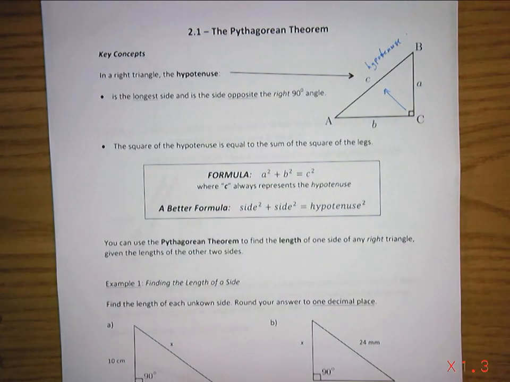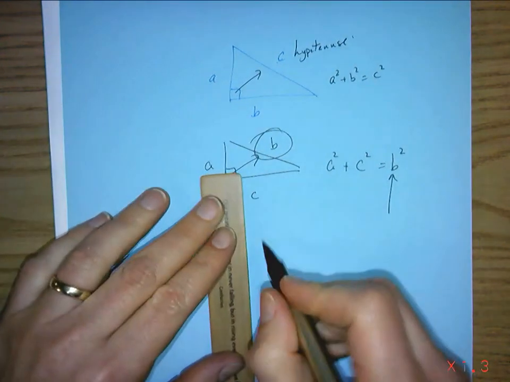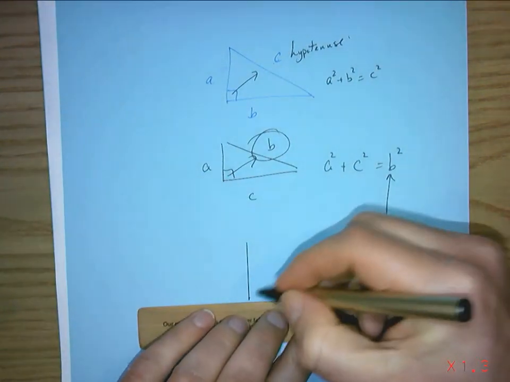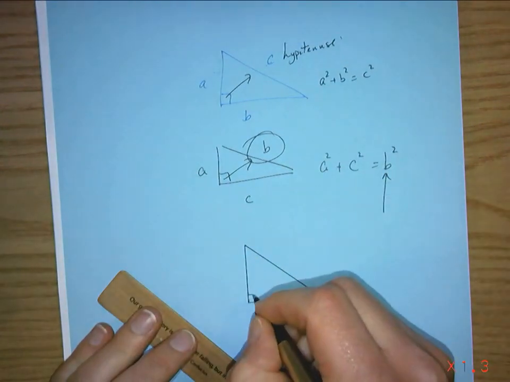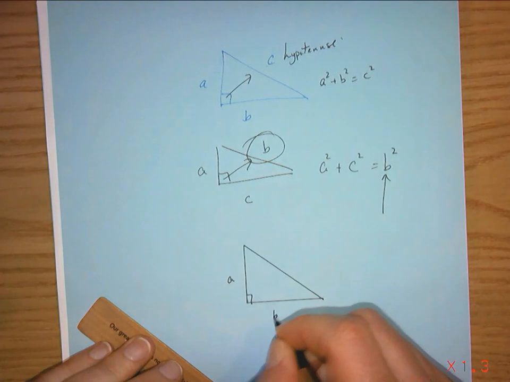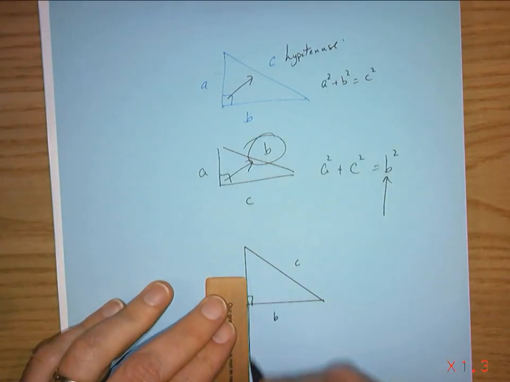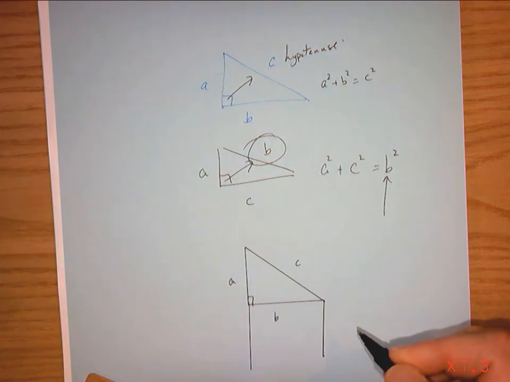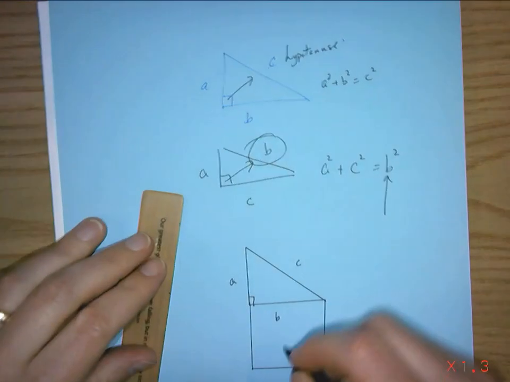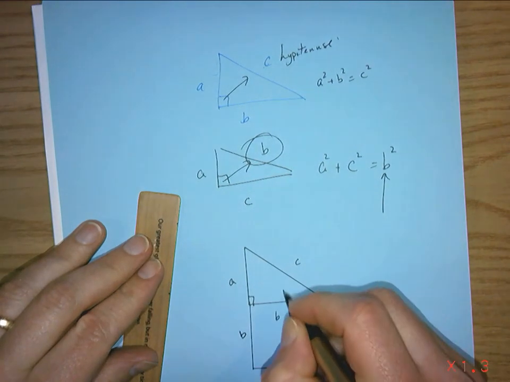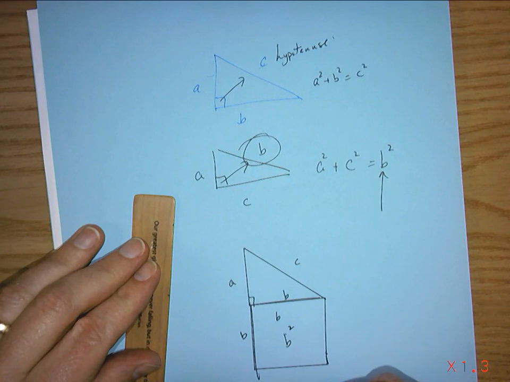Something else I'd like you to know about the Pythagorean theorem is that it really wasn't discovered and talked about in terms of lengths when they first came about it. If I look at this as side A and this is side B and this is side C, the way Pythagoras really looked at this was he made a square on the one leg, and this length is B, this length is B, so this area was B squared.